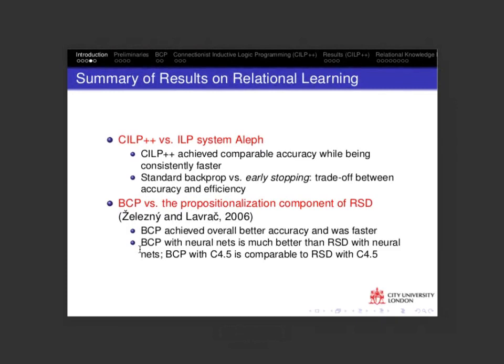And what these results indicate is that such approach can achieve comparable accuracy while being considerably faster, and with early stopping, we can get some compact representations in comparison with other ILP systems.